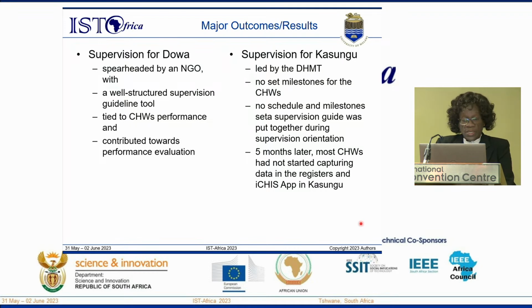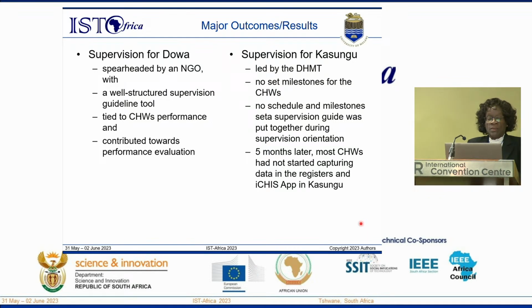Major outcomes: we noted that out of the 2 districts, when we went back after the initial supervision, the results were different. And they were different because of the way the 2 districts had planned their supervision. In Kasungu, there was no schedule for supervision.